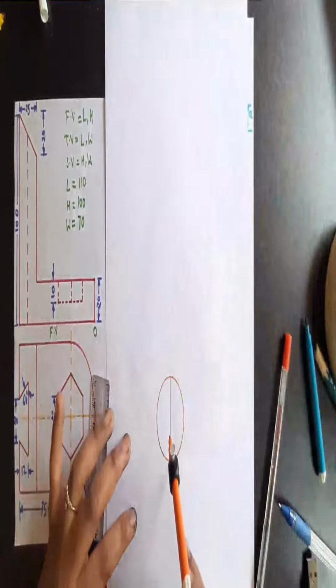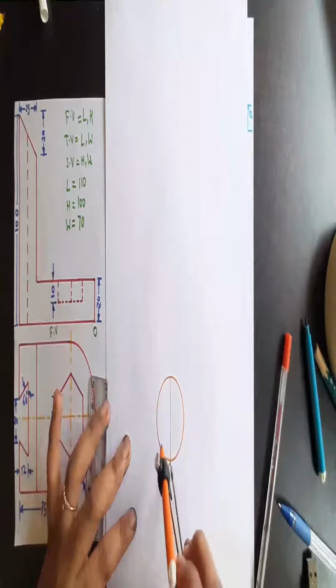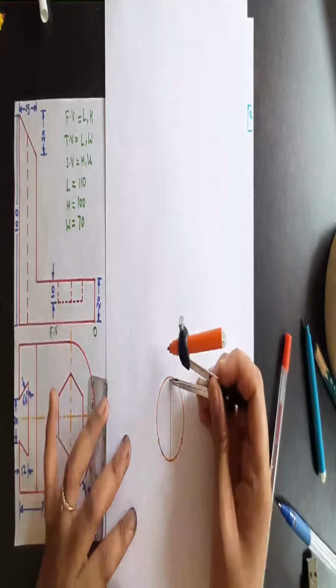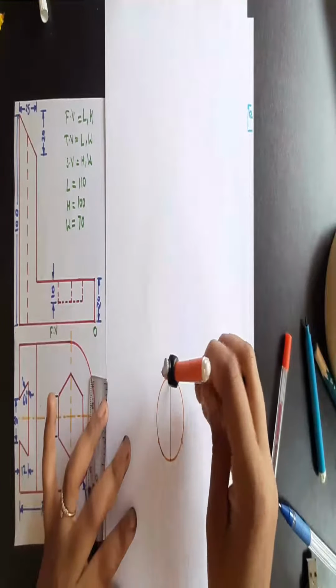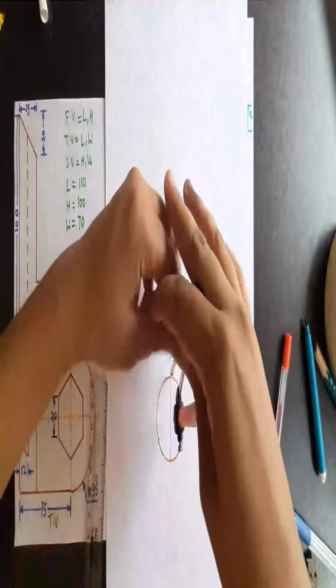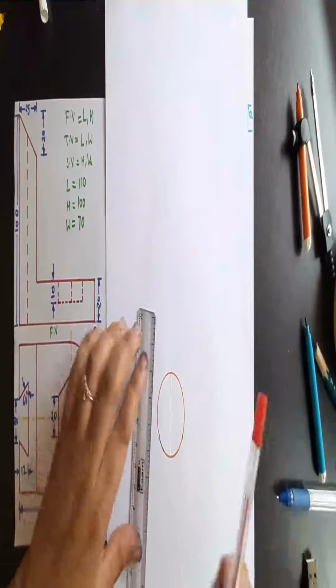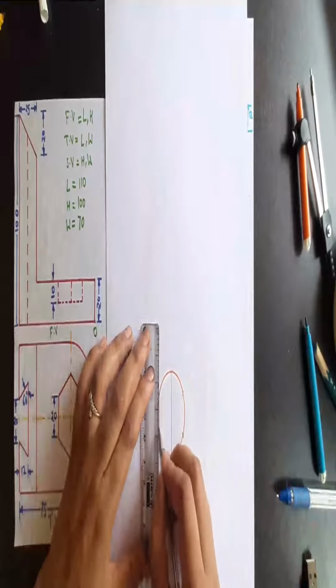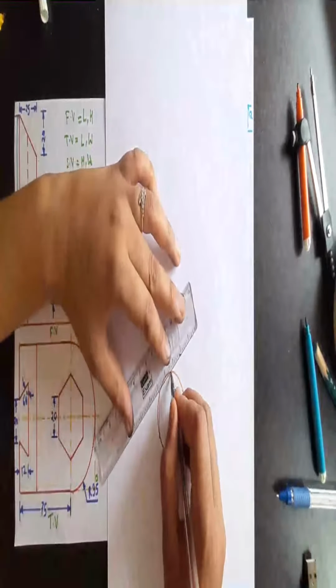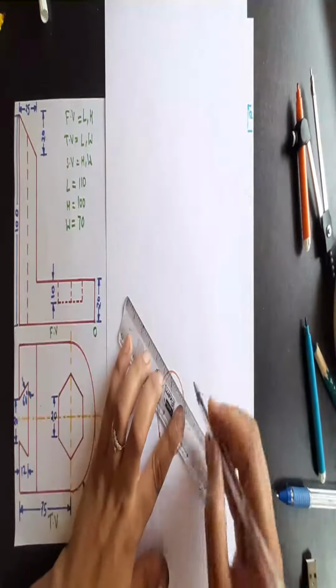Now again keeping the same distance in the compass with this point as a center, mark an arc on both the sides. Similarly, with the top point as a center, mark the arc on both the sides. Now if we join all these points, we will get the regular hexagon.